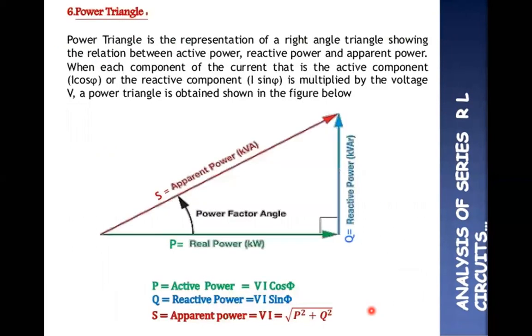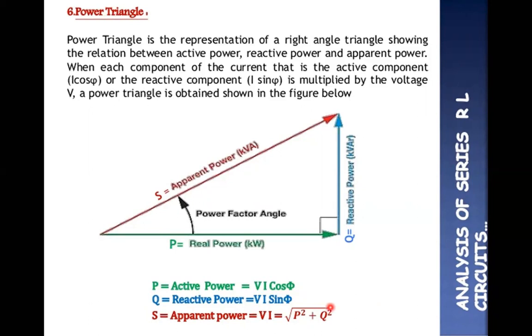And if you see the power triangle, it is a representation of a right angle triangle showing the relation between active power, reactive power, and apparent power. When each component of the current, that is the active component or the reactive component, is multiplied by the voltage, a power triangle is obtained as shown in the figure.